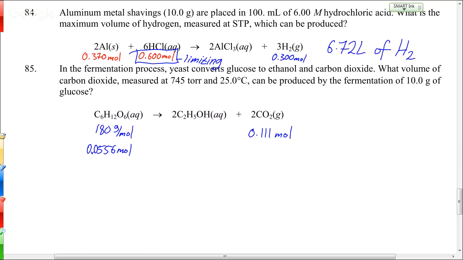And then we solve for whatever it's asking for, volume. Liters is nRT over P. So we've got 0.111 moles.